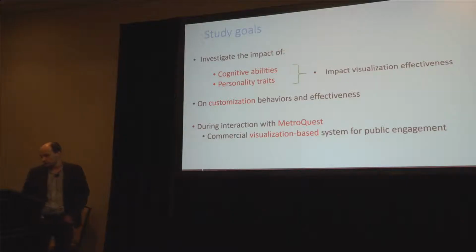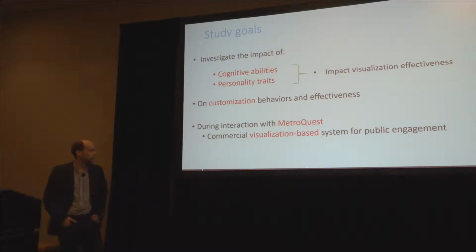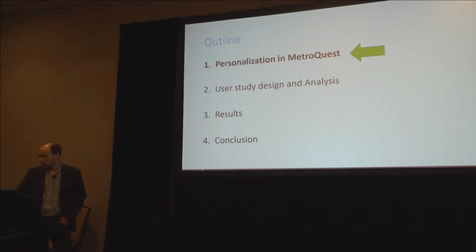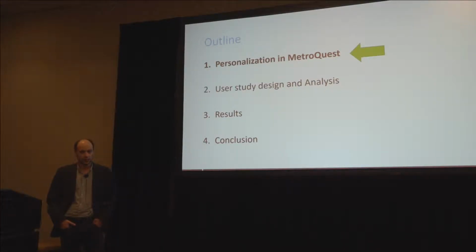We do that with MetroQuest, which is a commercial visualization-based system for public engagement. I will explain a bit more how it works. For this talk, I will first talk about MetroQuest and how to provide personalization. Then I will describe the user study and the analysis, and then the results and conclusion.